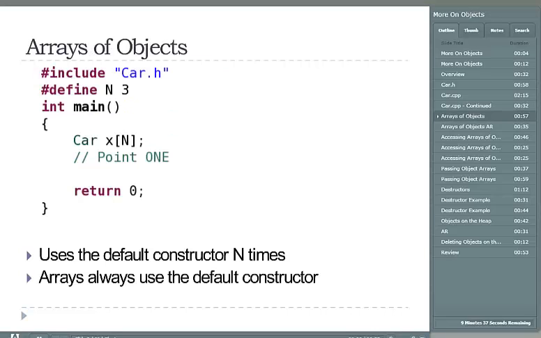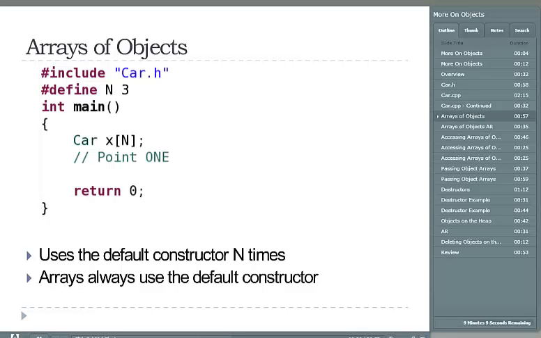Now that we have our car class implemented, let's see how we can declare an array of objects. Actually, this is very similar to how arrays of structs were declared in C. You'll see in the main function, we simply put square brackets after declaring the variable x, which is of type car, and inside the brackets, we declare how many objects we want in the array. In this case, there's 3.